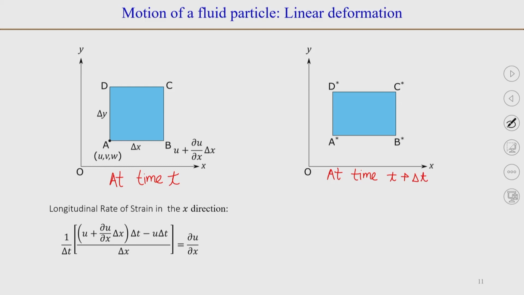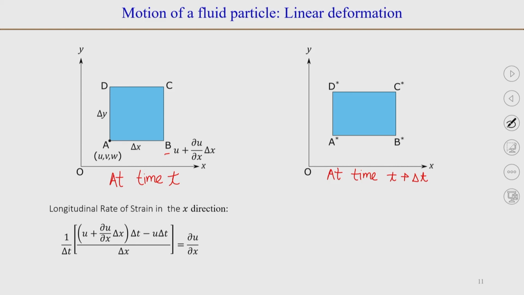So, the angle between sides AB and AD is still 90 degrees. However, the length of side AB has increased. So, in the linear deformation, we will be looking at the strain, or the change in the length of side AB, so that we can find how much point B has moved with respect to point A.